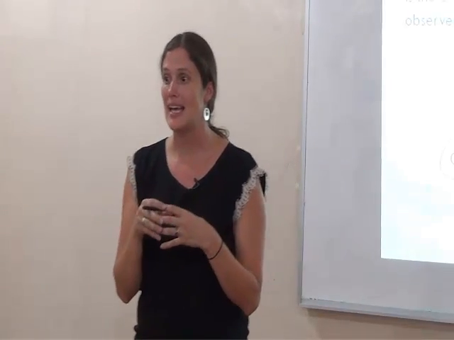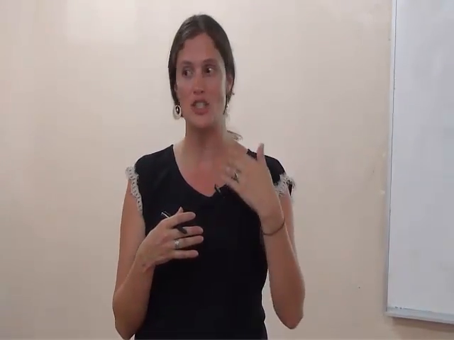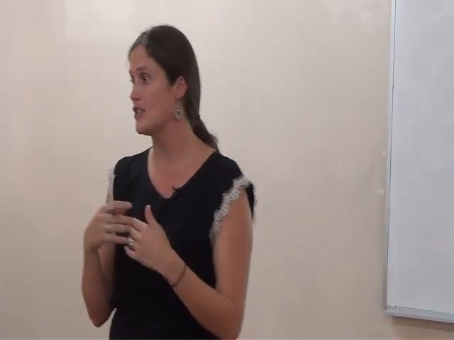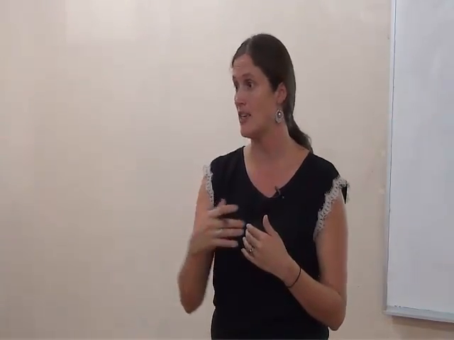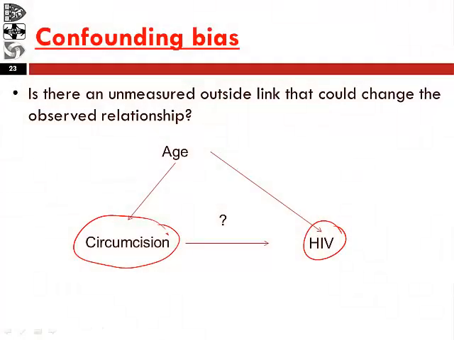The way we say that in science is age confounds the relationship between circumcision and HIV. Age affects the relationship between circumcision and HIV, or confounds. That's why we call it confounding bias. And we need to control for age.